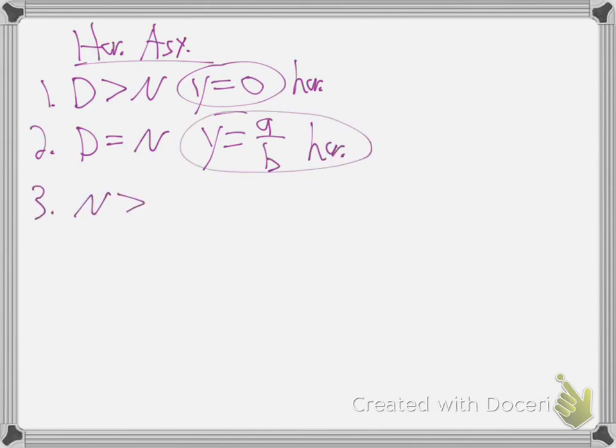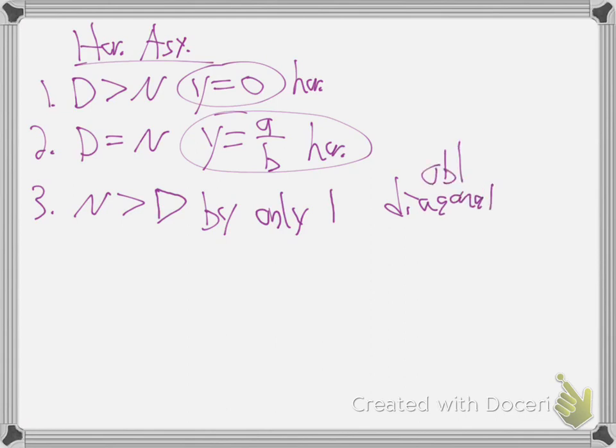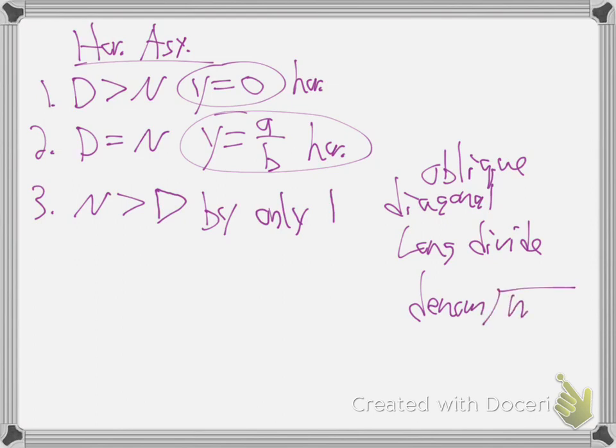If the numerator is greater than the denominator by only 1, it's a diagonal, what we called oblique. And you have to long divide. Remember those? Long divide the denominator into the numerator and get the mx plus b answer. It's like a diagonal line.